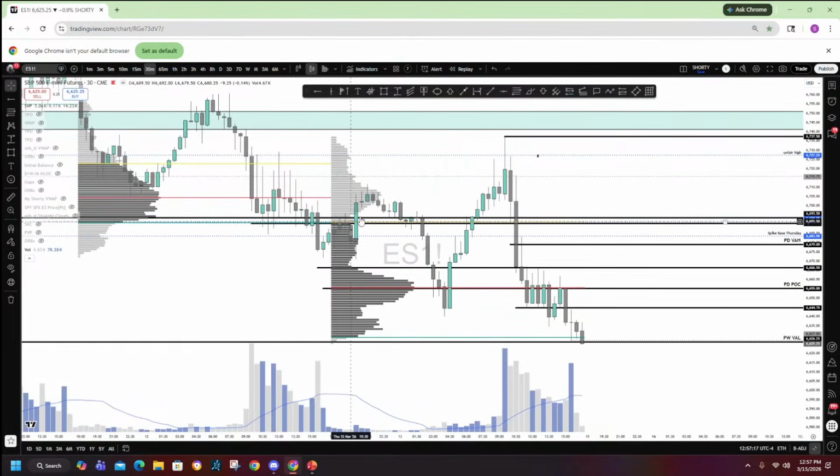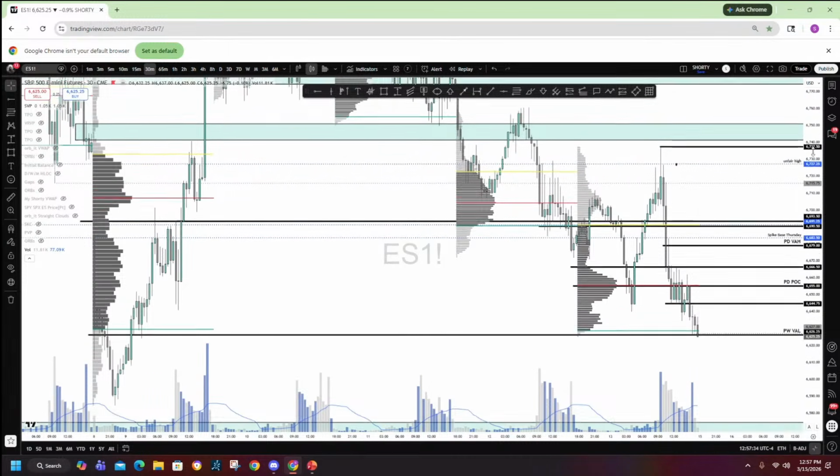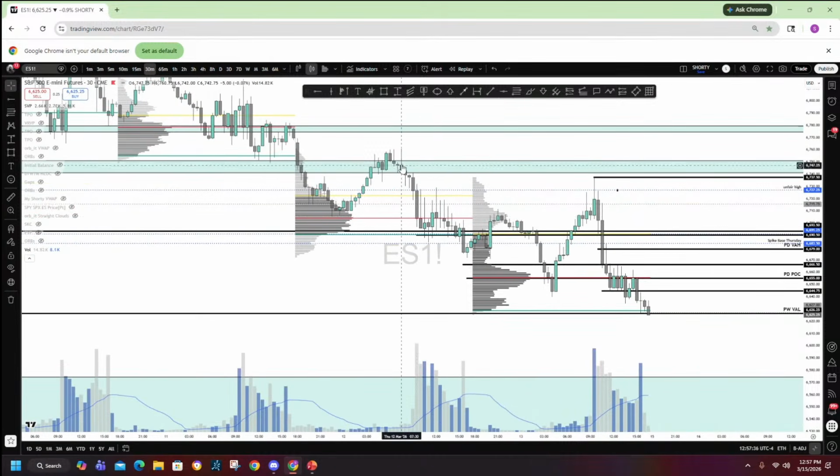Can you use this and mark this? Certainly. This would be your previous day value area high here instead of here. But yeah, you could definitely use it. But RTH has been more, I would say, shitty to trade than ETH. So that tells me that they're just using ETH to accumulate the sells and then sell it to the people in RTH right now.